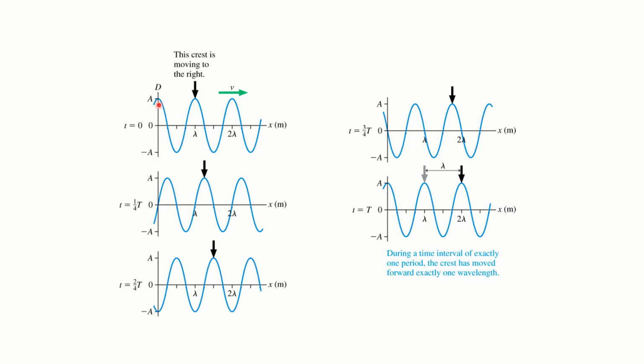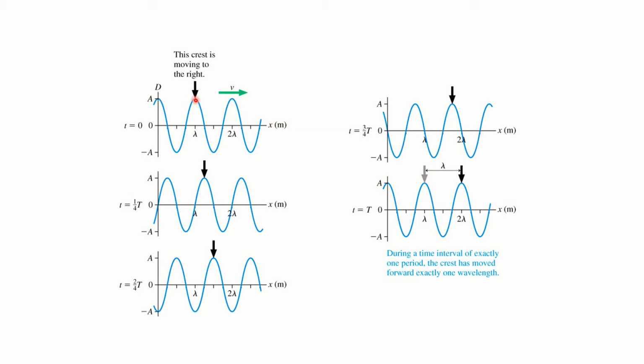If you look at one instance in time, we have a snapshot graph of that sine wave. And then as time progresses, that moves to the right at the wave speed, and it keeps going, and it keeps going. After one cycle of motion, as in the time it takes for the position here to go down and then back up to where it started, that time is one period of motion for that piece of the medium.